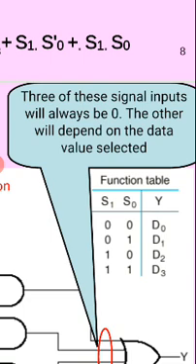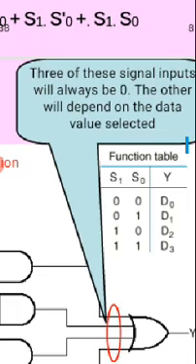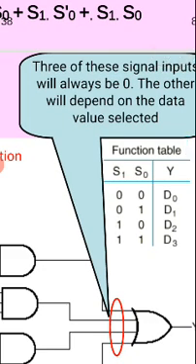For 0 1 select lines, D1 will be allowed. For 1 0 select lines, D2 will be allowed. For 1 1 select lines, D3 will be allowed.